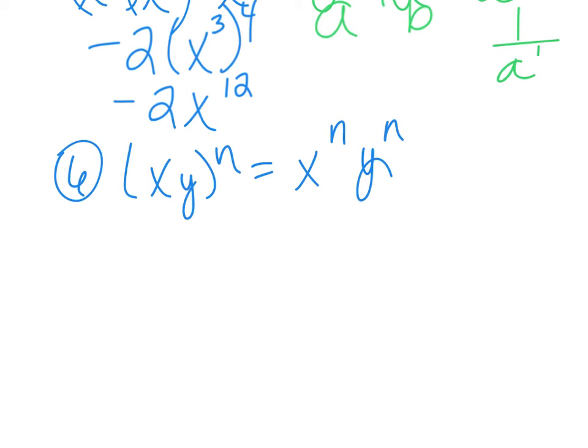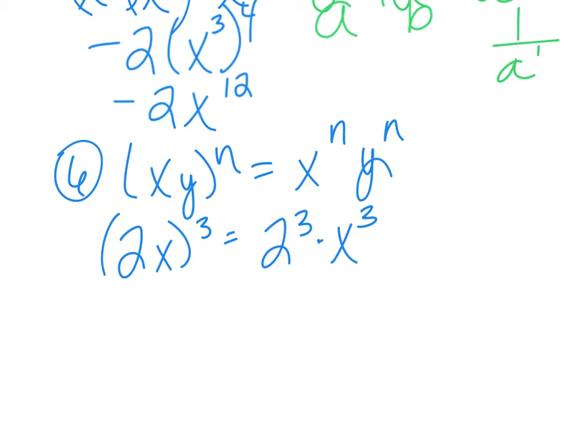Okay, and we just looked at a bunch of those examples, like if I had 2x raised to the 3rd power, that's 2 to the 3rd times x to the 3rd, and you can call that 8x to the 3rd if you want to. So you kind of have to distribute that exponent. Be careful though, because if the number is on the outside of the parentheses, like in the previous example, you don't do anything with it.